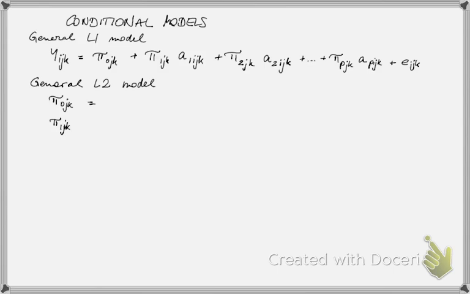And what you would get here is a beta 0 0k plus a first level 2 predictor of the intercept of pi 0 jk is a beta 0 1k times x1 jk, plus, let's say we have a second one here, beta 0 2k x2 jk, and then this continues on all the way to r0 jk.